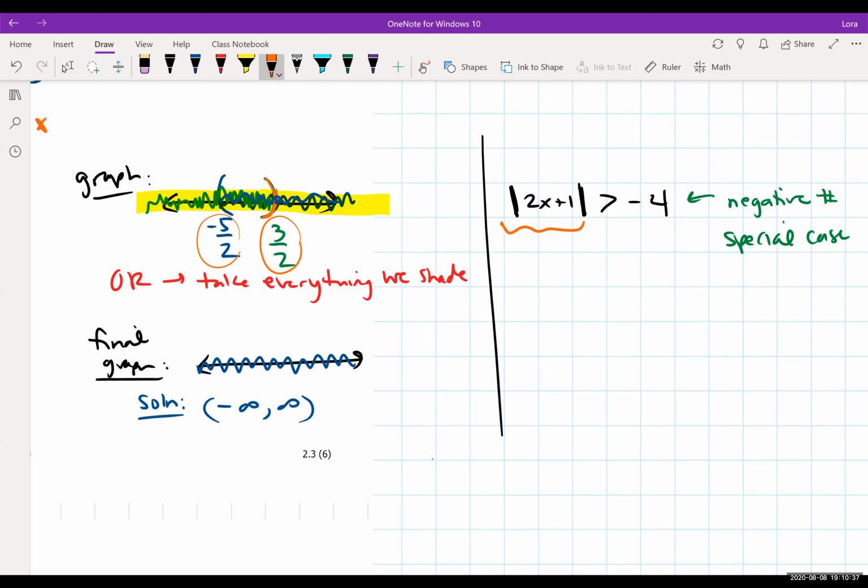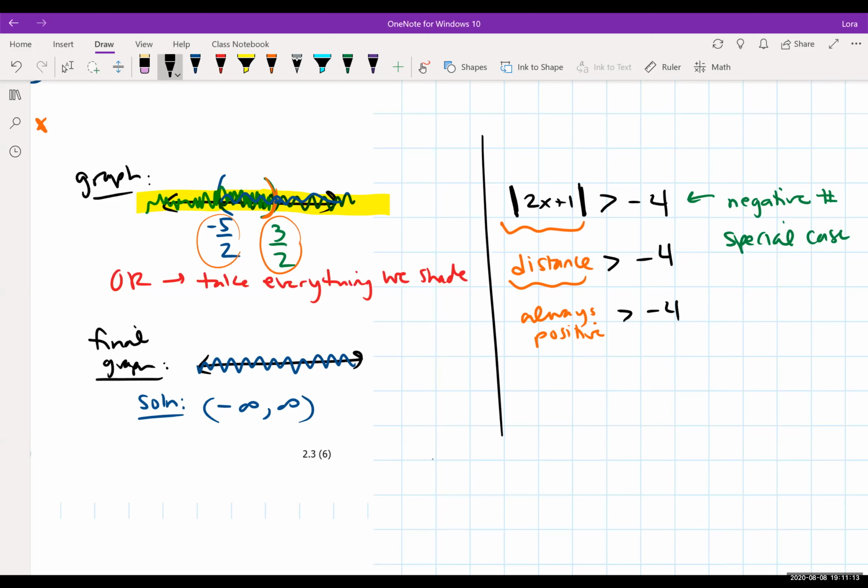Remember, absolute value means distance. And when you're comparing distance to a number, we're saying distance is greater than negative 4. Well, distances are always positive. Because distance is always going to be a positive number, it's always going to be greater than negative 4 at all times.